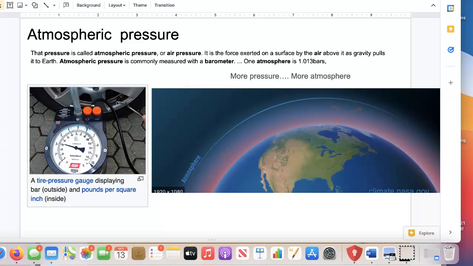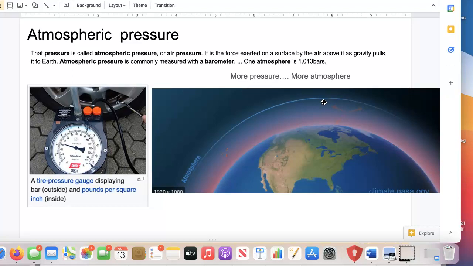Let's go on to the next part that you're going to plug in, which is your greenhouse effect. And greenhouse effect is related to the atmospheric pressure. On Earth, we have a bubble of invisible gases around us that are thicker and have more pressure lower towards the surface, and thin out as we get further away from the Earth.